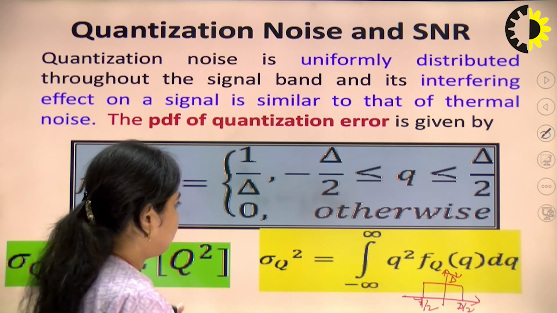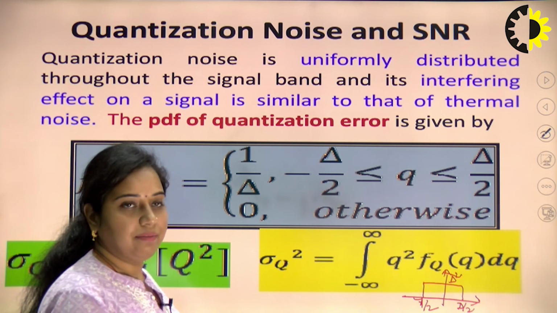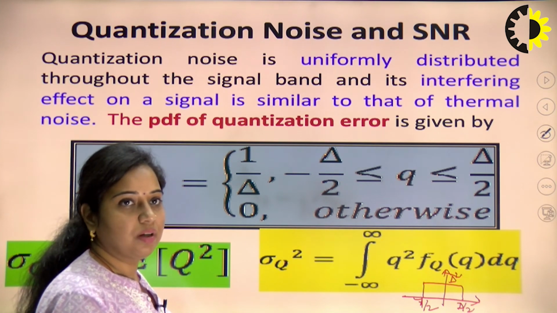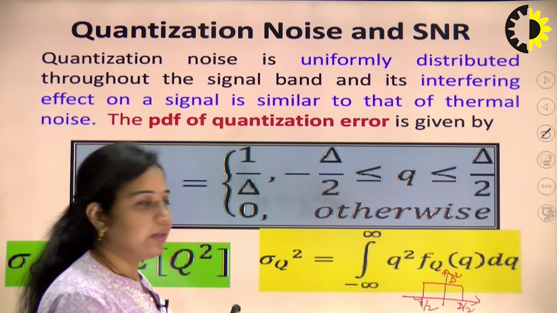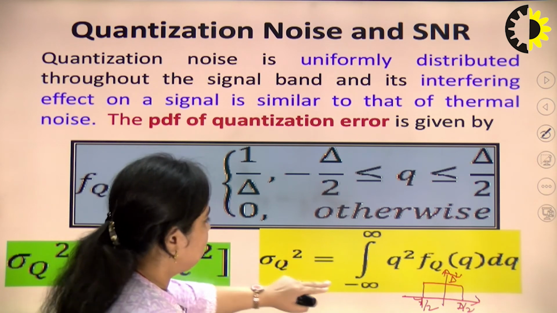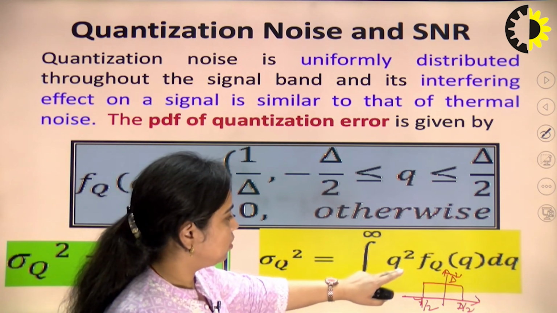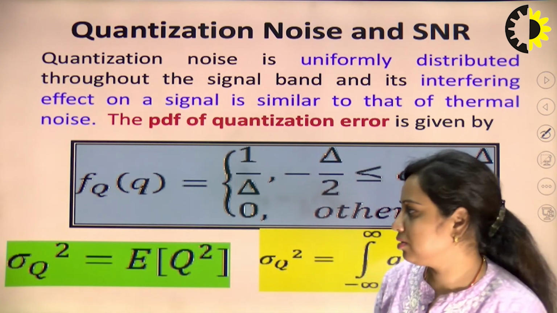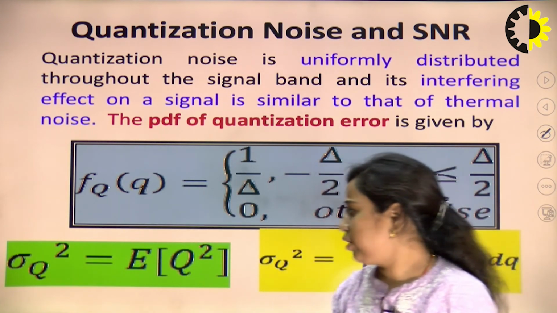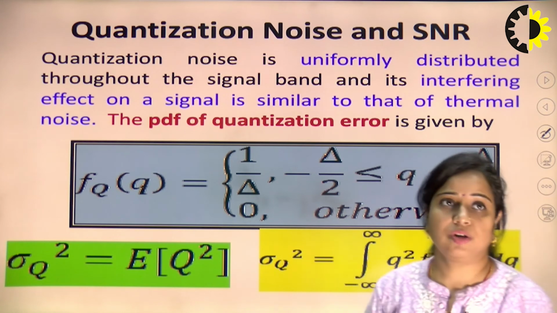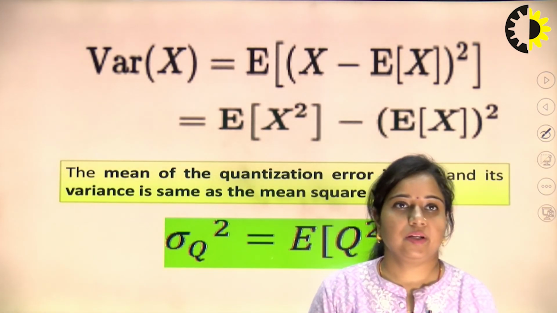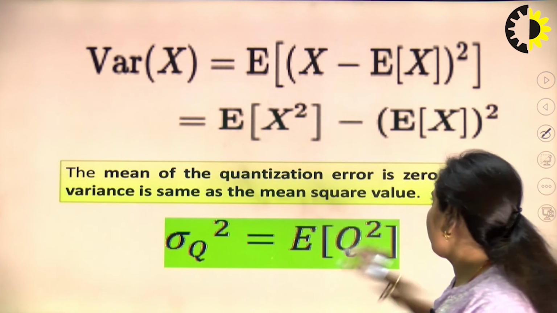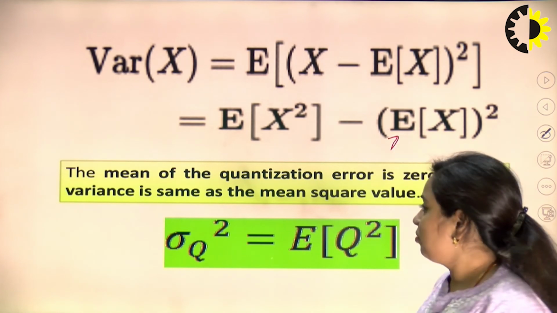From here we can calculate its mean and variance, which will give the power of the noise signal. The variance is calculated as the integral from minus infinity to infinity of q square f of q dq, and sigma square, that is the variance, is the expected value of q square. The variance formula is the expected value of x square minus the expected value of x, whole square.